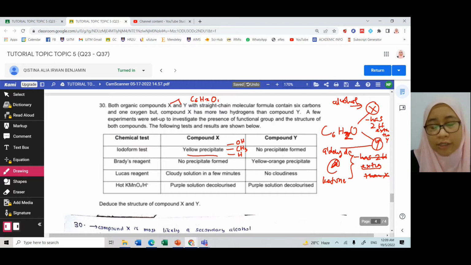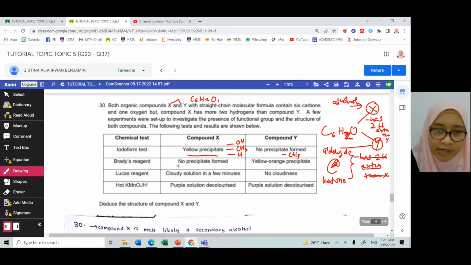Like I say, the iodoform test is very specific, so it is not that helpful in determining whether it is an aldehyde or ketone. But at least we know that the carbonyl compound does not have a methyl group directly attached to the carbonyl group.